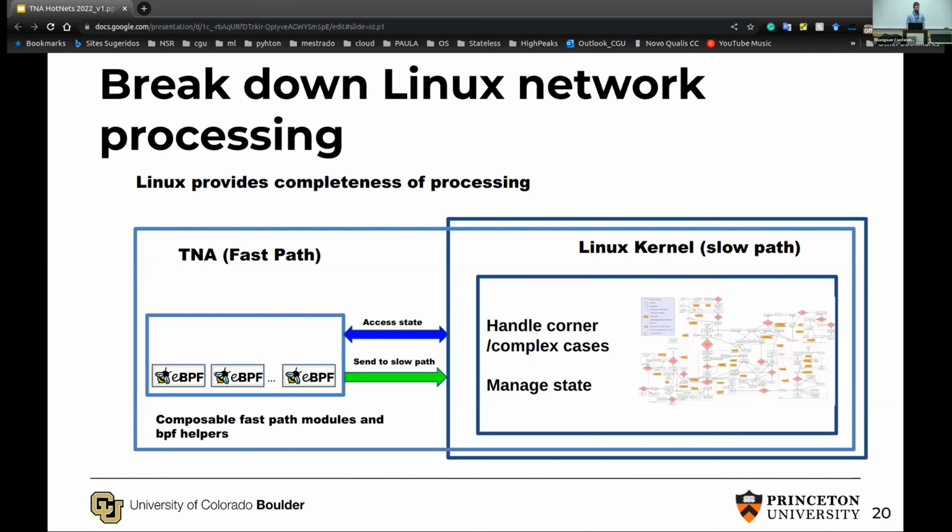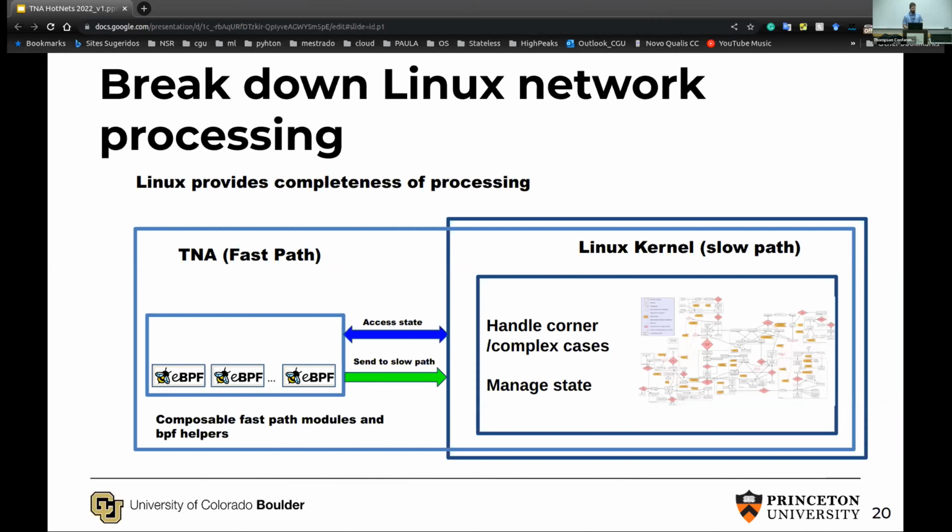The TNA fast path is composed of a library of fast path modules, which we call the TNA FPMs. Those FPMs are basically a set of pre-built and modular eBPF code that we build to support fast path processing for different network applications.